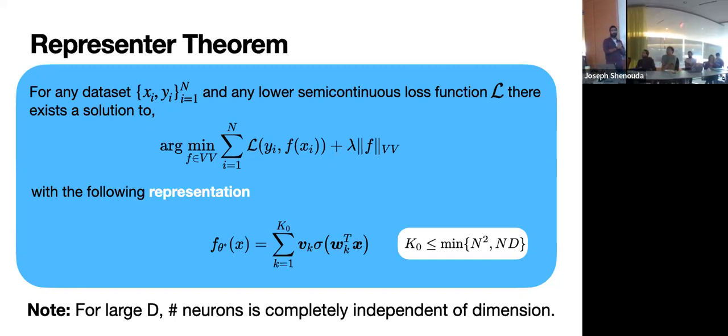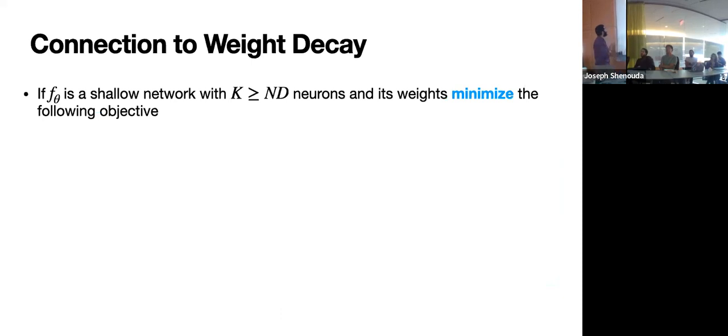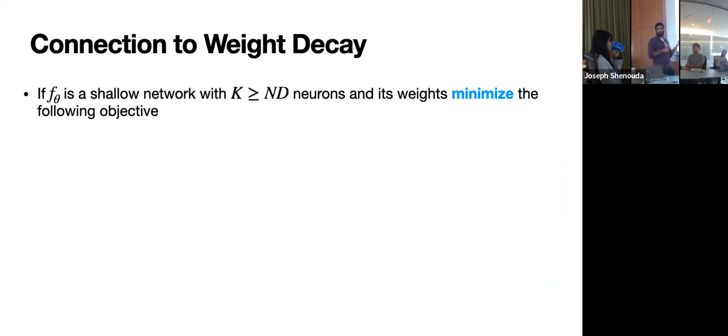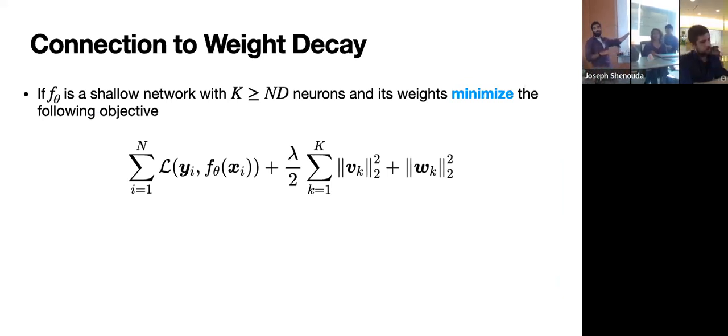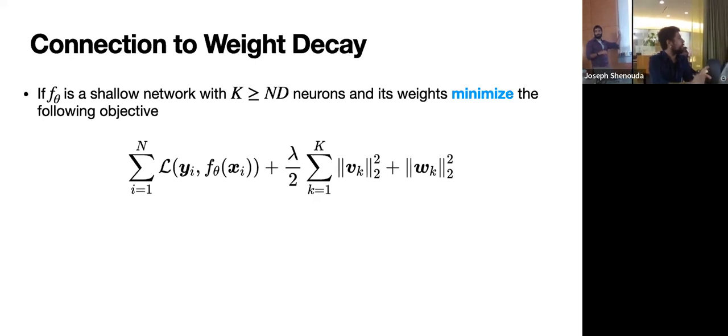Okay. All right. So how does this connect to weight decay? Basically now we can say that if you have f theta, which is a shallow vector valued neural network with k more than n times d neurons, and its weights minimize the weight decay objective, then via the whole sparsity idea and the neural balance theorem, we know that it's also a minimizer for the group lasso type problem.